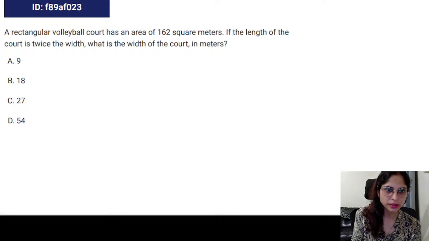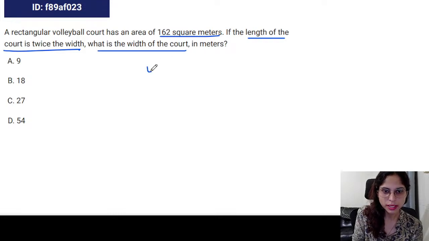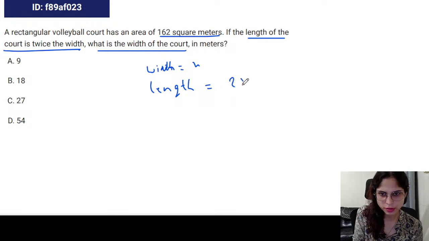So a rectangular volleyball court has an area of 162 square meters. So area is given to you as 162 square meters. Length of the court is twice the width. What is the width? So let's say width is x. My length is going to be twice the width, so it is going to be 2x.